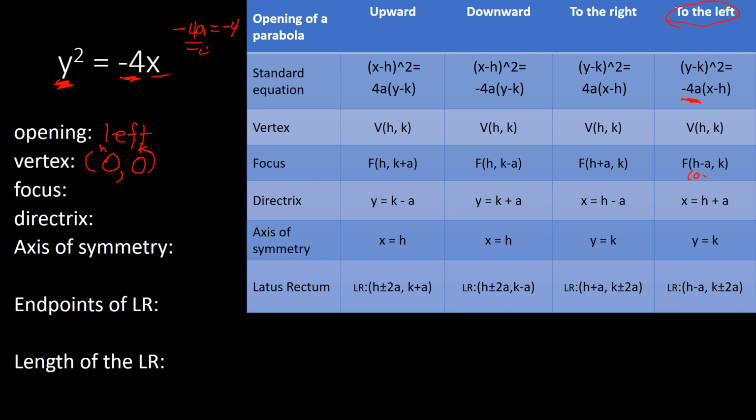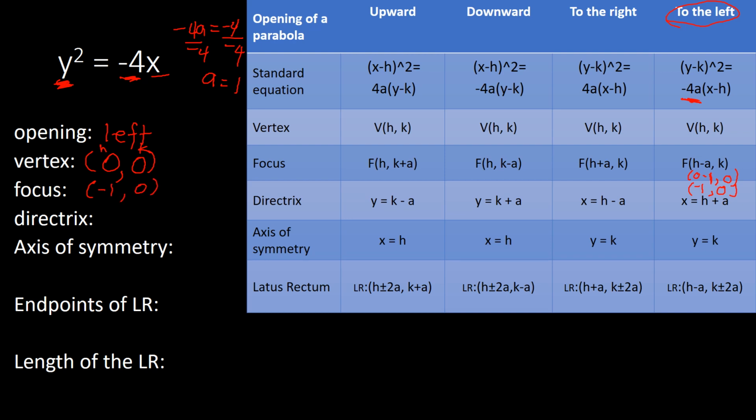Once you divide that with negative 4, our a there is equal to 1. So since a is 1, we'll be replacing that here, and then comma, and the k there is 0. Simplifying that, this is now 0 minus 1, that's negative 1, comma 0. So that is our focus. We've got negative 1, 0 for the focus.